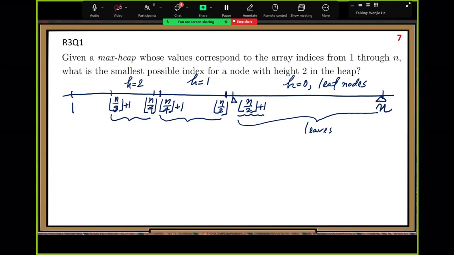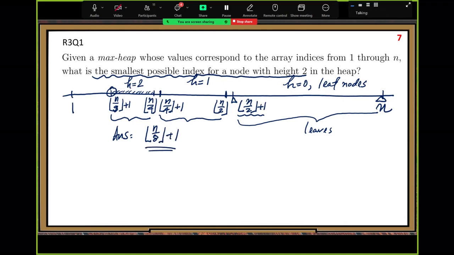With this understanding, what is the smallest possible index of height 2 nodes? In this range, the smallest possible index is the lower bound. So the answer is this lower bound number plus 1.